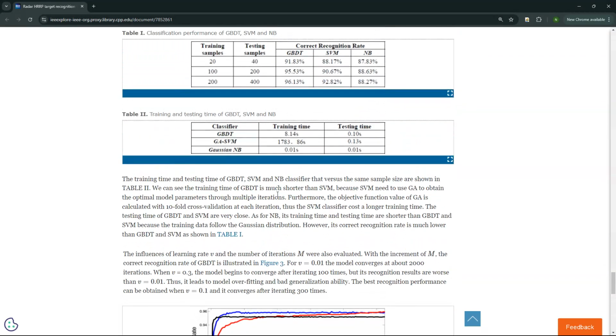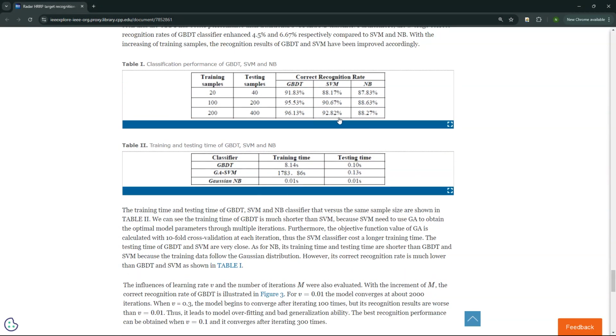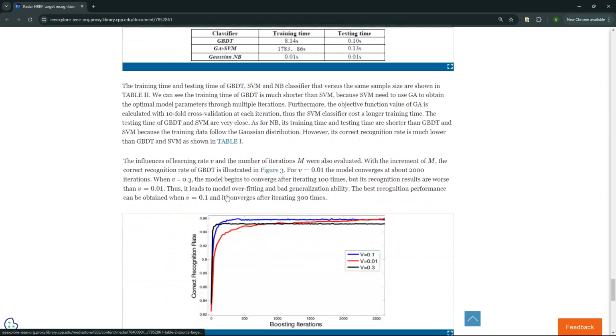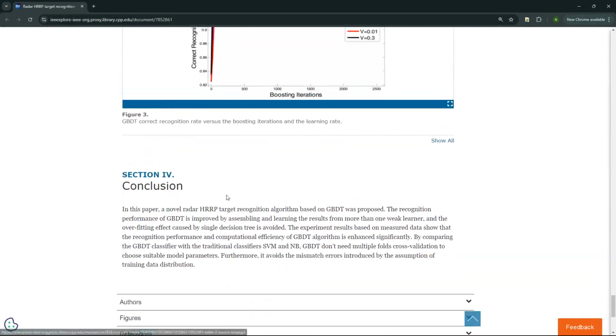SVM, and especially kernel SVM, and also naive Bayes are less interpretable.